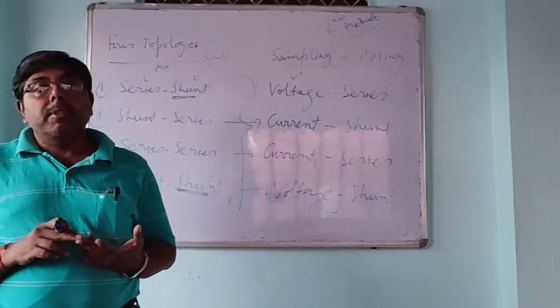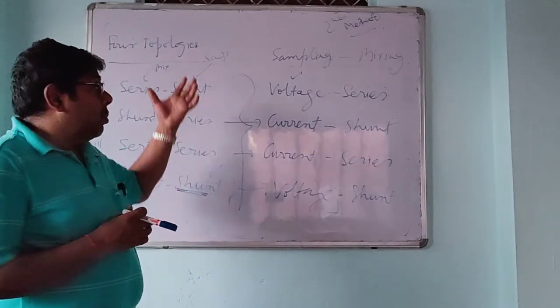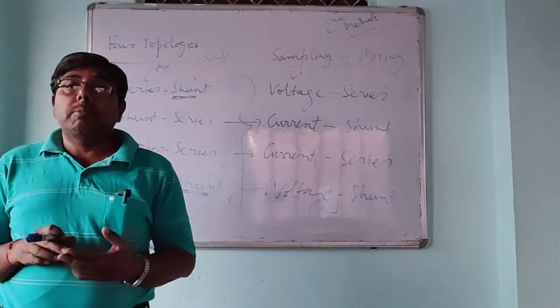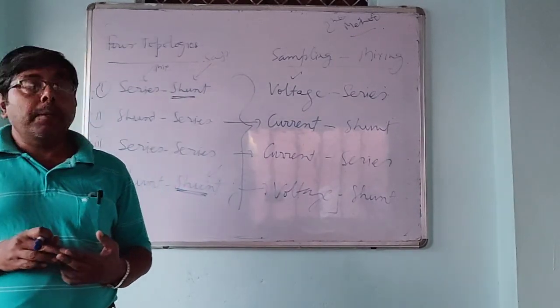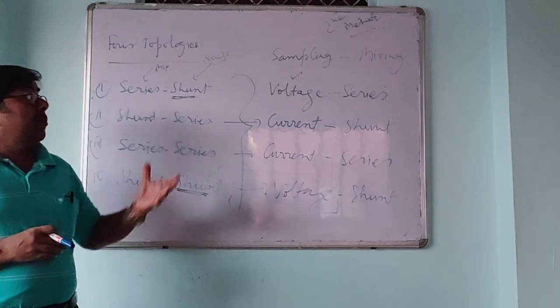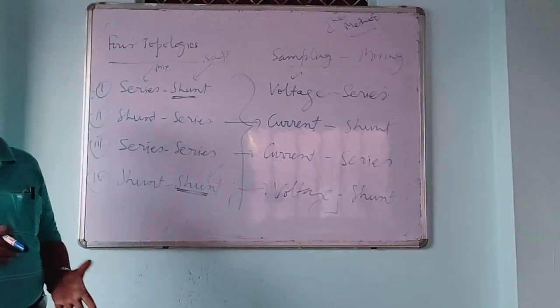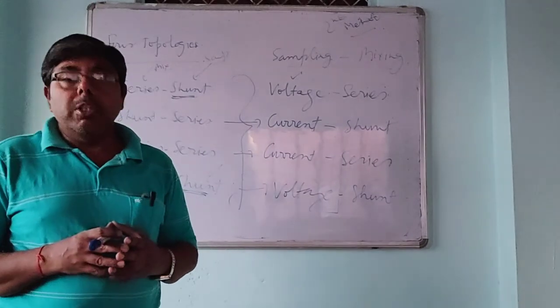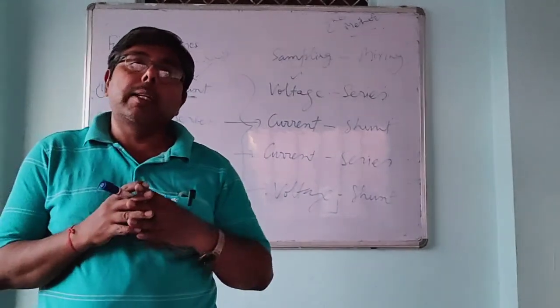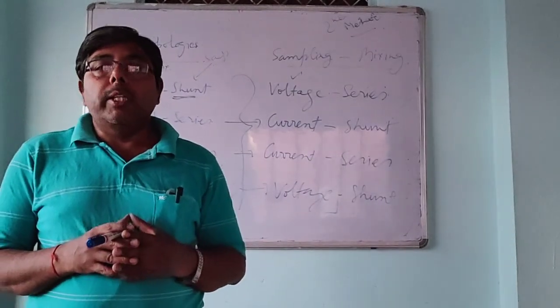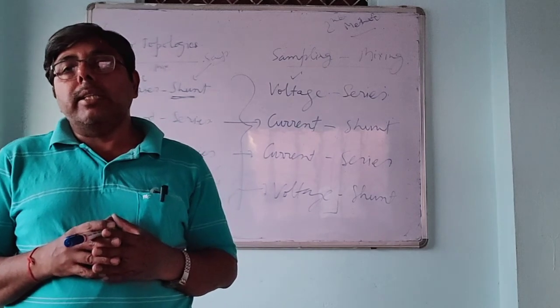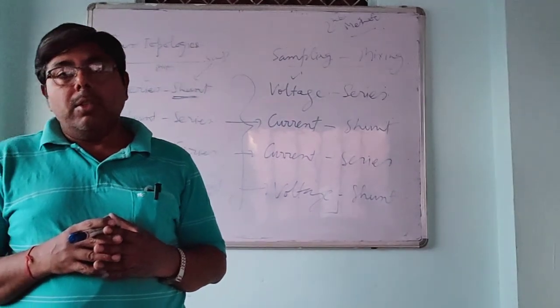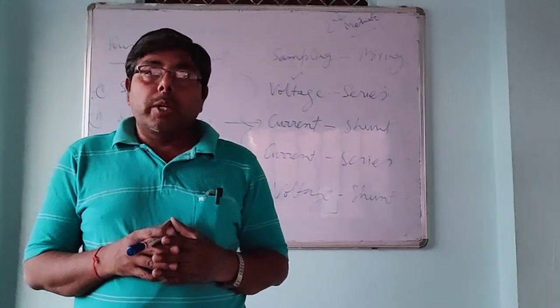We have seen how these properties are achieved by using negative feedback. Another thing is the four feedback topologies. We have four basic feedback topologies based upon the four basic amplifiers: voltage, current, transconductance and transresistance. So this is all about for today.